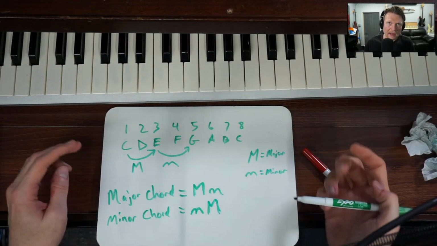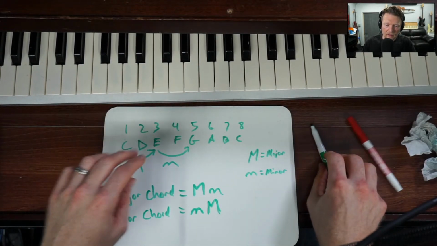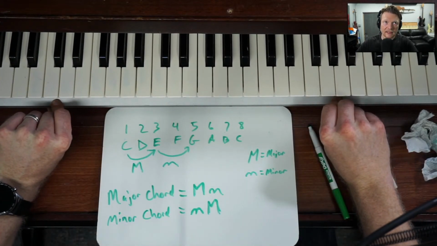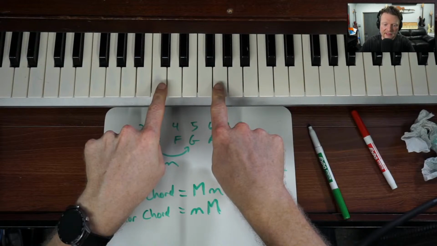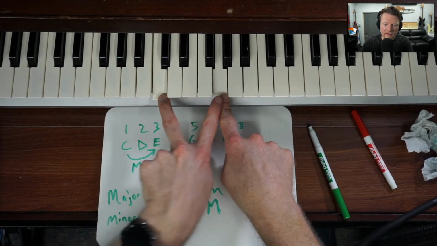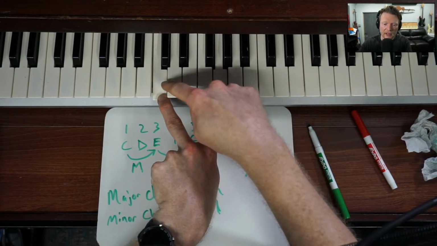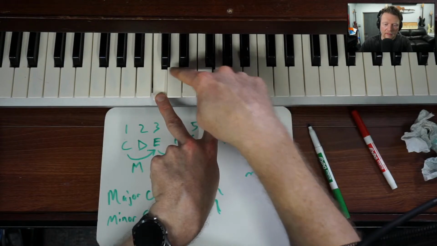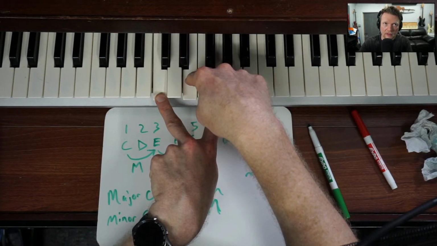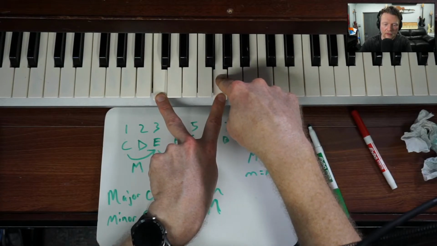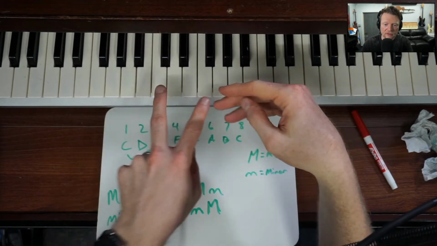That's why whether you're doing a major or minor chord, they're always going to have the same fifths, 1 to the 5. So for the C chord, we go up a major third, and then a minor third. Those fit together like a puzzle.